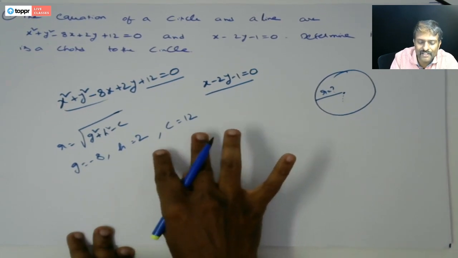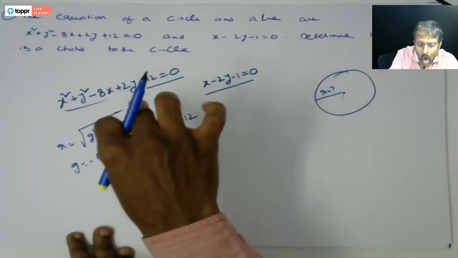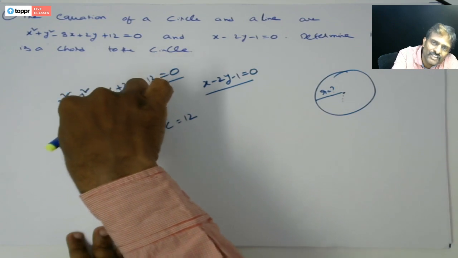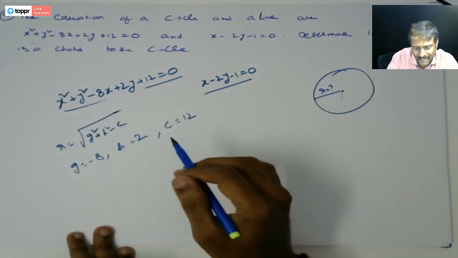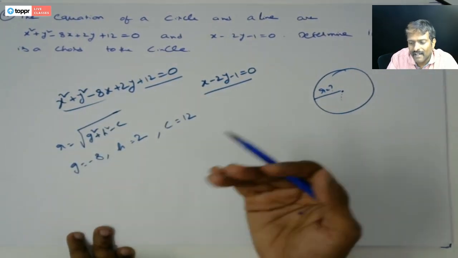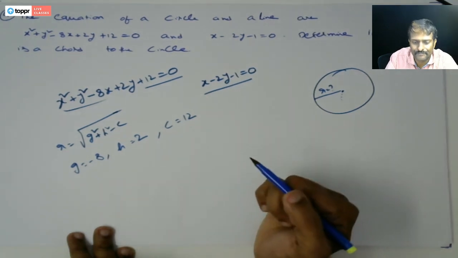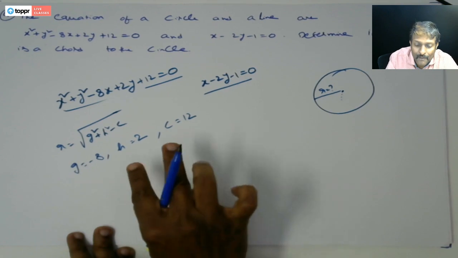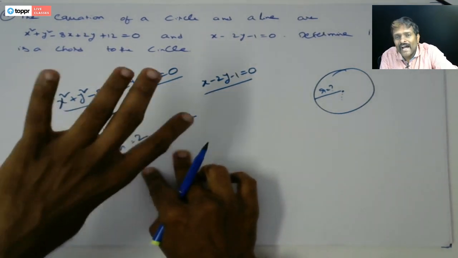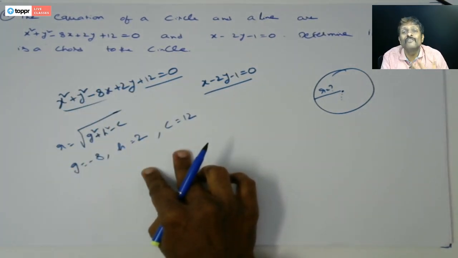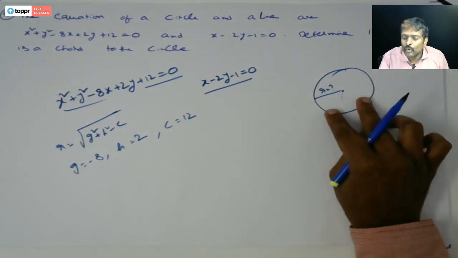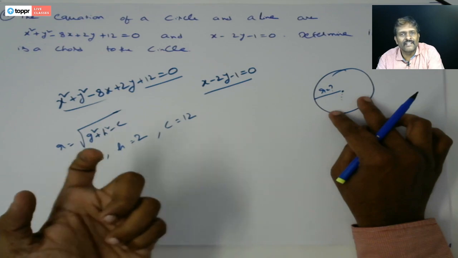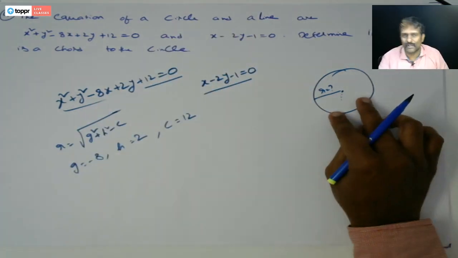Using these three values you can find the radius, or else you can use the completing squares form, find the center, and then find the distance again. So here I'm trying to find the radius. But see, this way I get the radius, and I'm happy with that. But I also need the center, right? I also need the center to find the distance between the center and the line given to us, right?